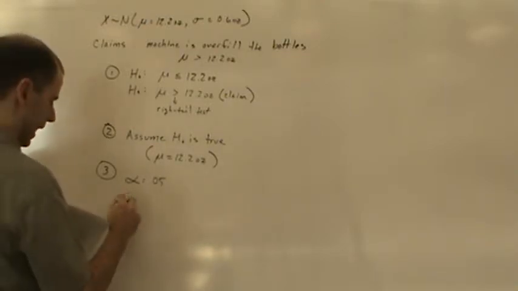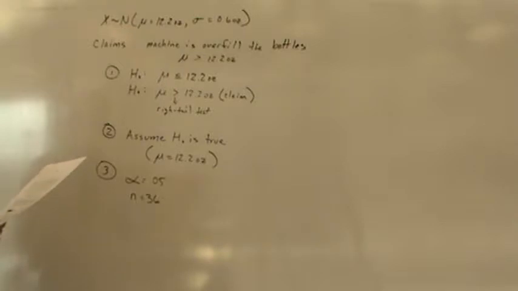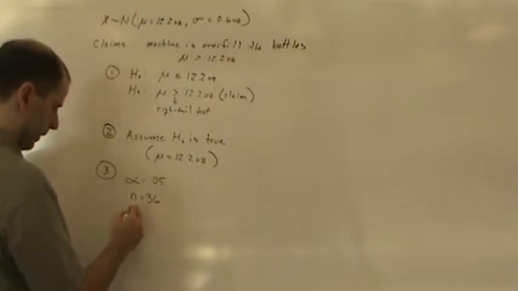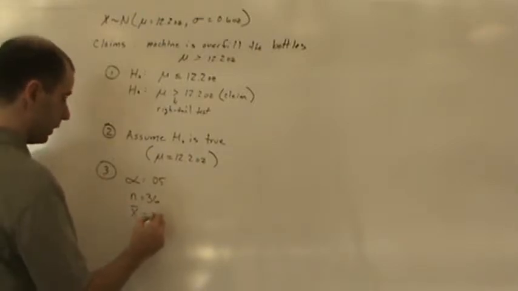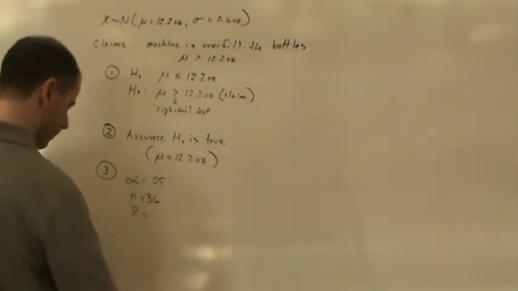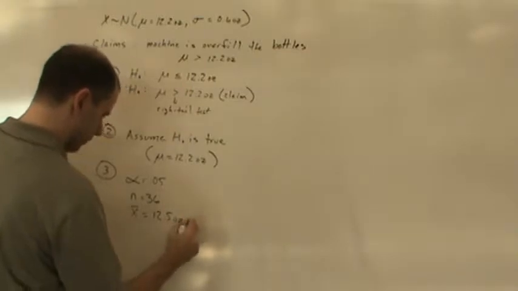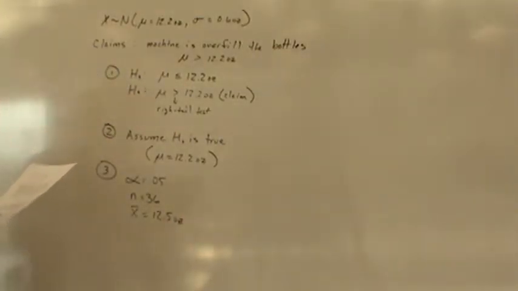The sample size was 36, right? They took 36 bottles. And they found that the average volume for these 36 bottles was 12.5 ounces.